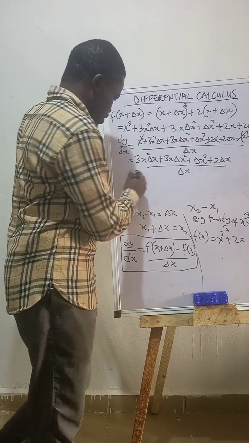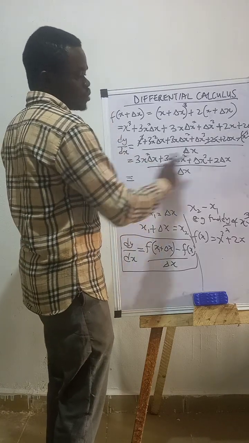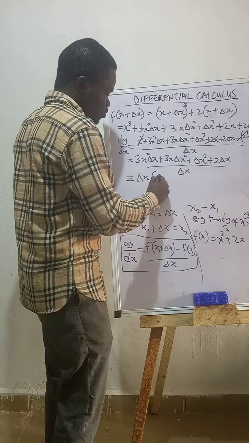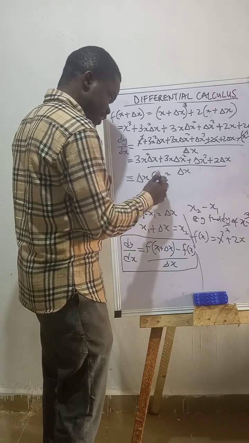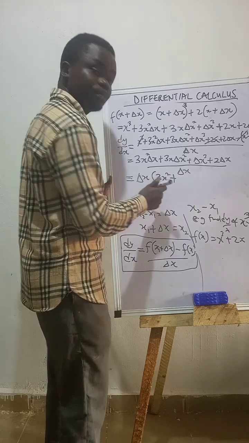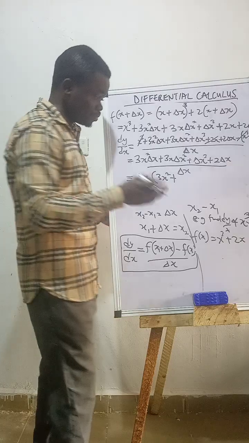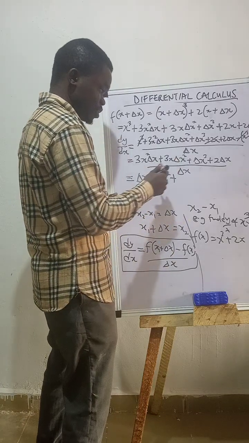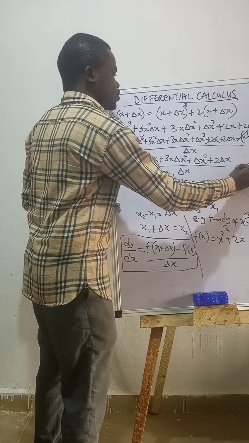So quickly, let's just complete this work. There is a like term of changing x, you bring it out. You now have 3x² inside here. Why are we bringing it out? So that we can use it to cancel the one at the bottom. Correct like terms, just say CLT for short.